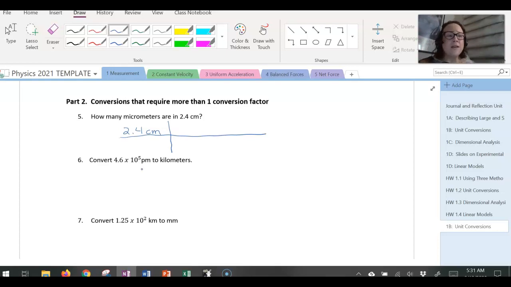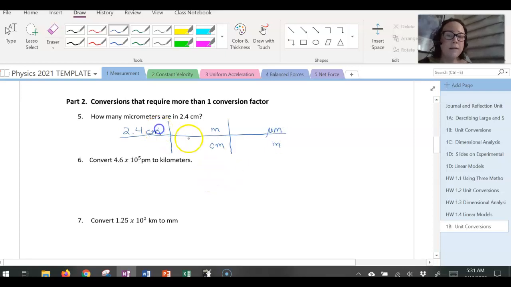But a safer way to do this conversion is to first go from centimeters to meters, because I know what the prefix centi means, and then to go from meters to micrometers.